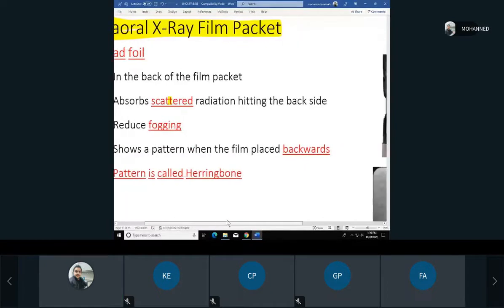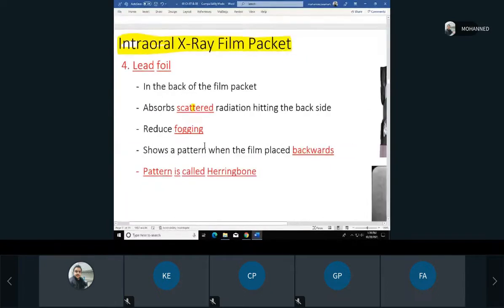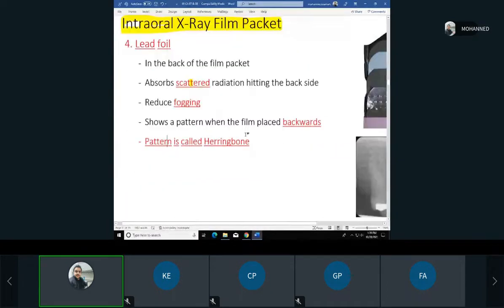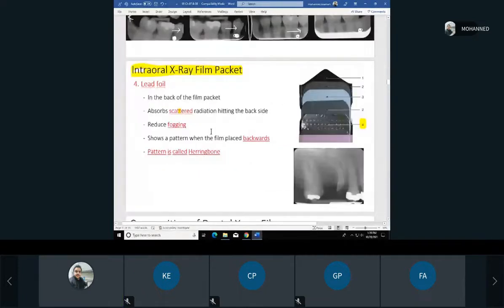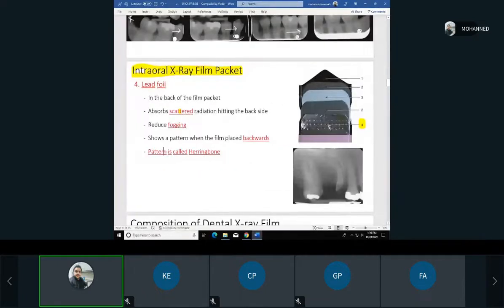Okay. So what will that show us if we place it by mistake? I think now we've covered all of the parts of the X-ray film, from the package to the paper to the film itself, and then to the lead foil at the end.